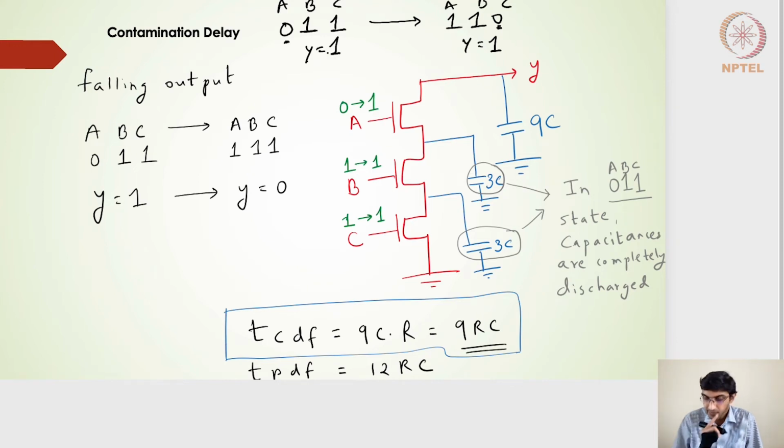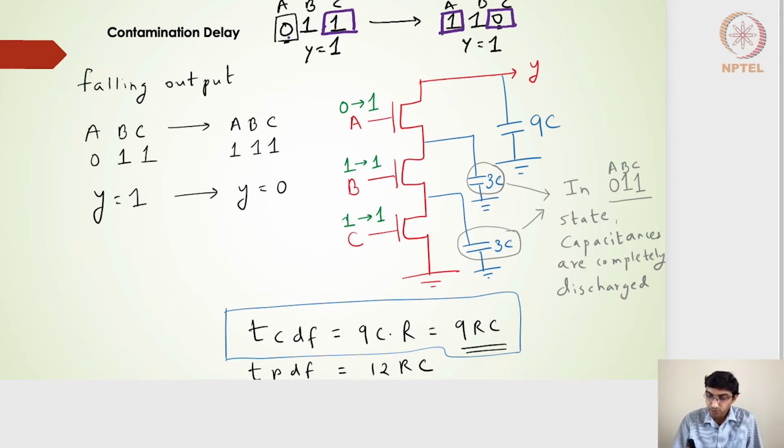But for some reason, when the inputs do the transition, for example, if I take this A input, it does the transition from 0 to 1. B doesn't change at all, so there is no transition for B, and there is a transition for C, 1 to 0. So let's say that for whatever reason, not all the inputs do the transition at the same time.